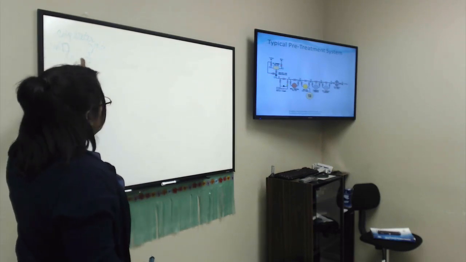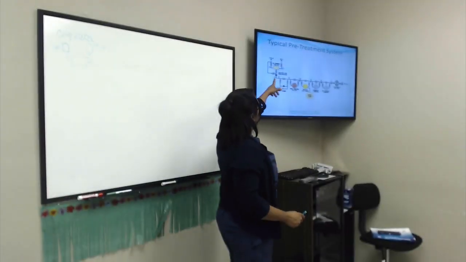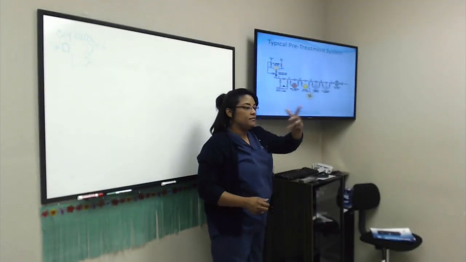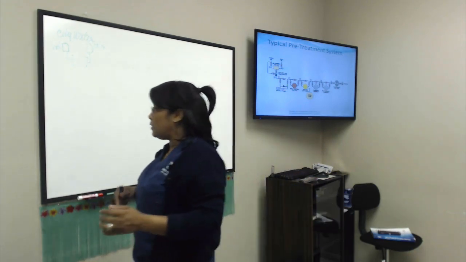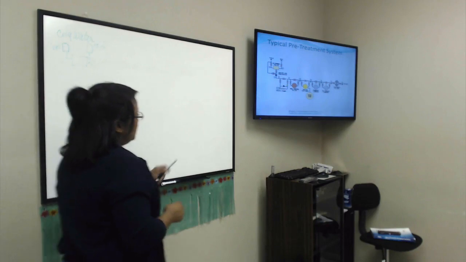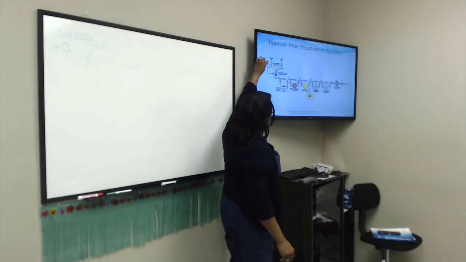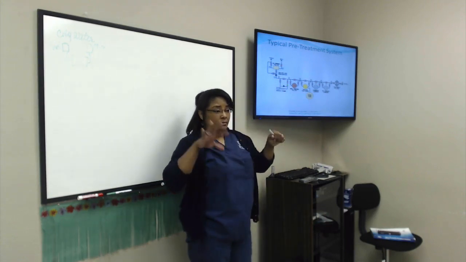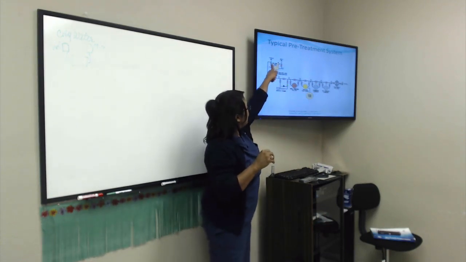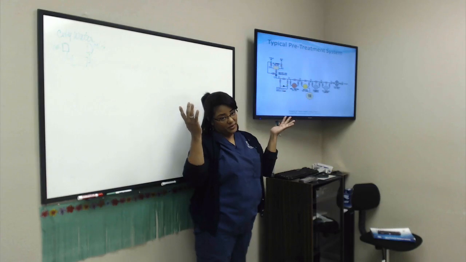And then they go into this container, which would be like a blending valve. It just blends the hot and cold water together. Now you see these valves? These are one-way valves, meaning that the water that has passed through here cannot come back up, okay?